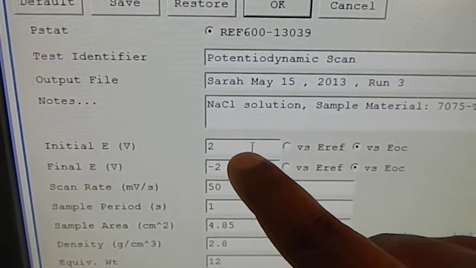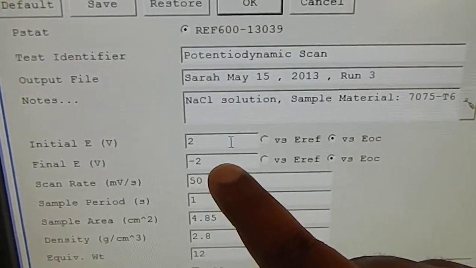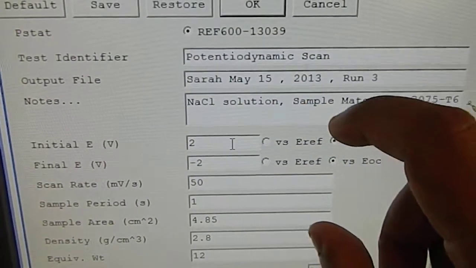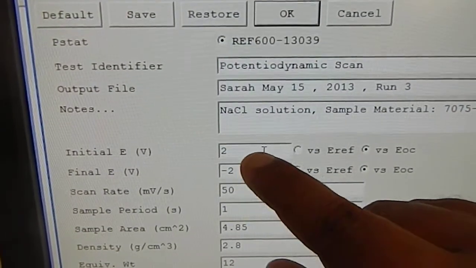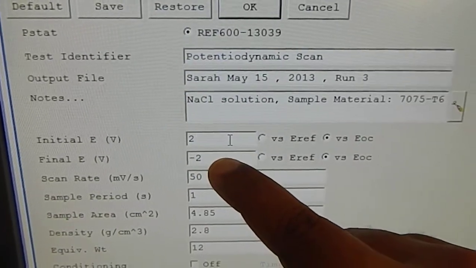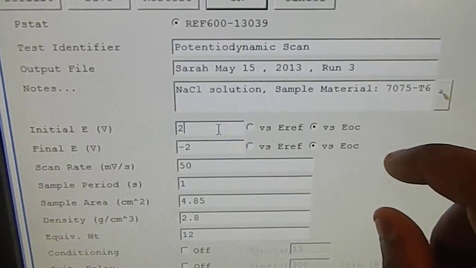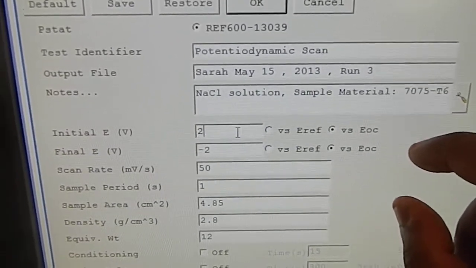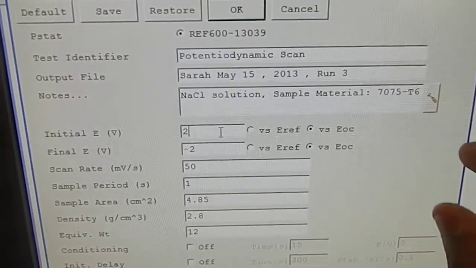Not necessarily is it going to start at 2 volt and finish at negative 2 volt, but it will maintain the same volt difference. Here you have put 2 volt and the final is negative 2 volt, so it's a total of 4 volt difference. The curve will maintain the same volt difference between its initial and final voltage value.